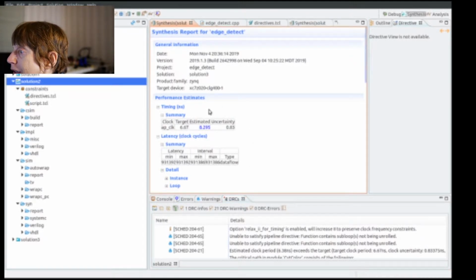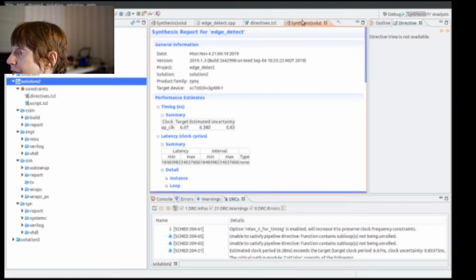And as you can see here, this was really, and you look at the latency, 931, and you look at the latency here, I'm wondering if it's even bigger.